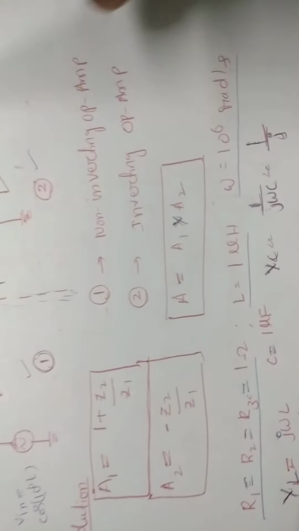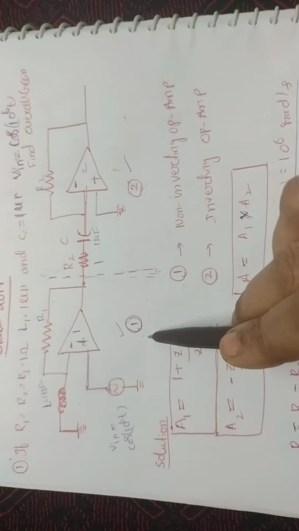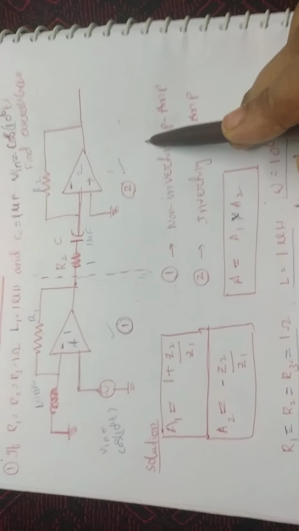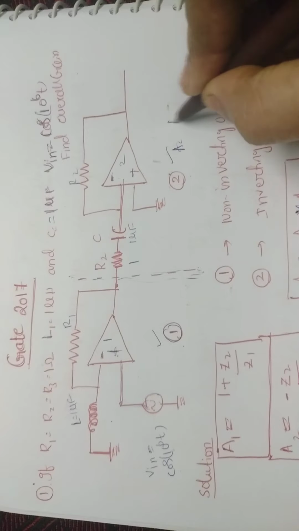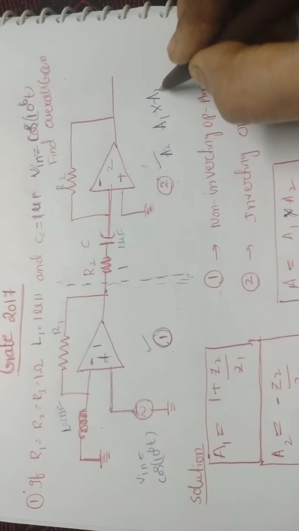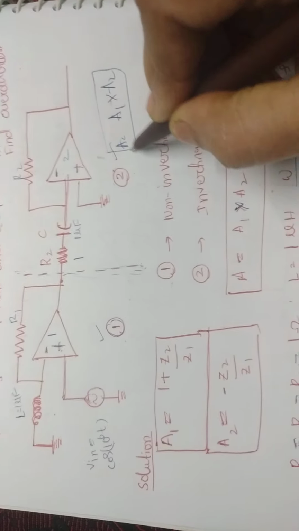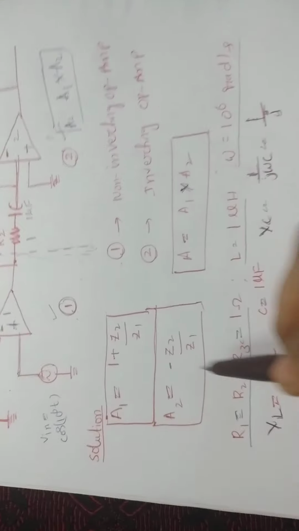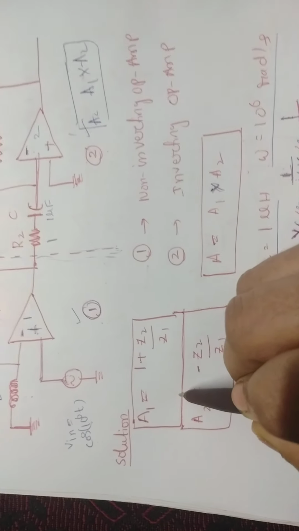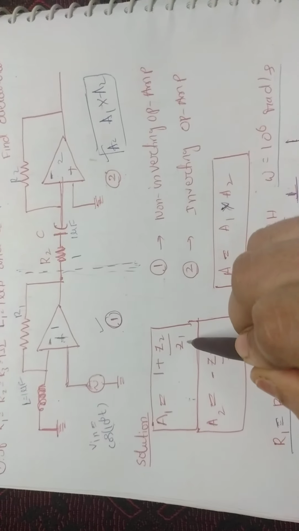To find the overall gain, first you have to identify the individual gains of the inverting amplifier and the non-inverting amplifier. The overall gain of the operational amplifier A is equal to A1 times A2. So the final gain is the product of the individual gains of these two circuits. From this circuit diagram, the gain of the non-inverting amplifier is 1 plus Z2 by Z1.